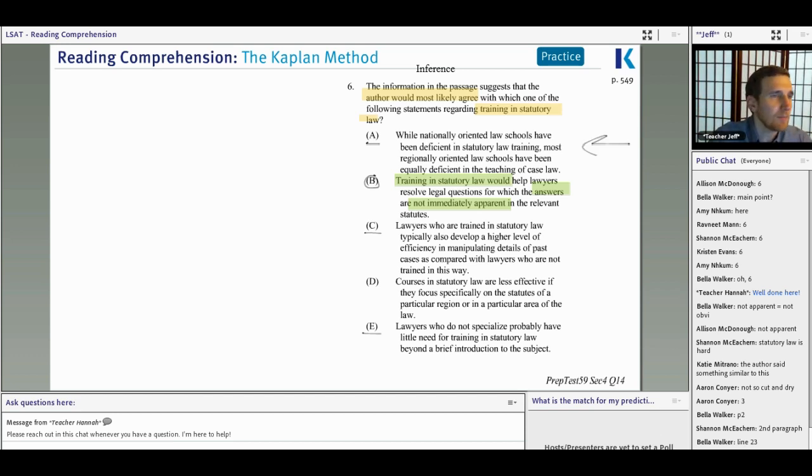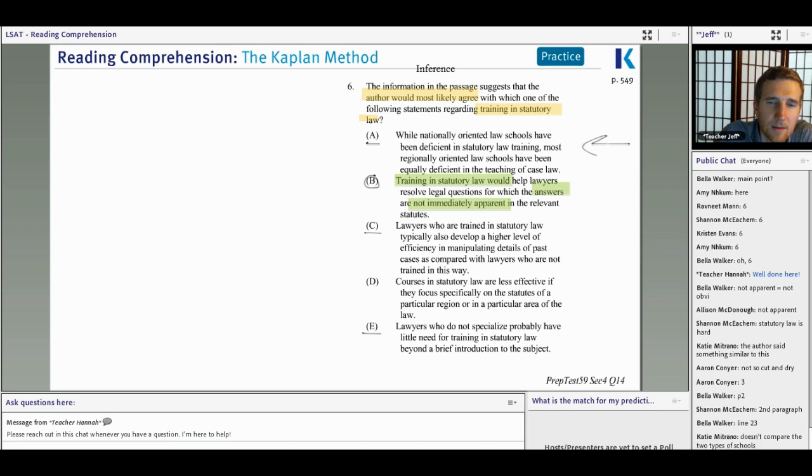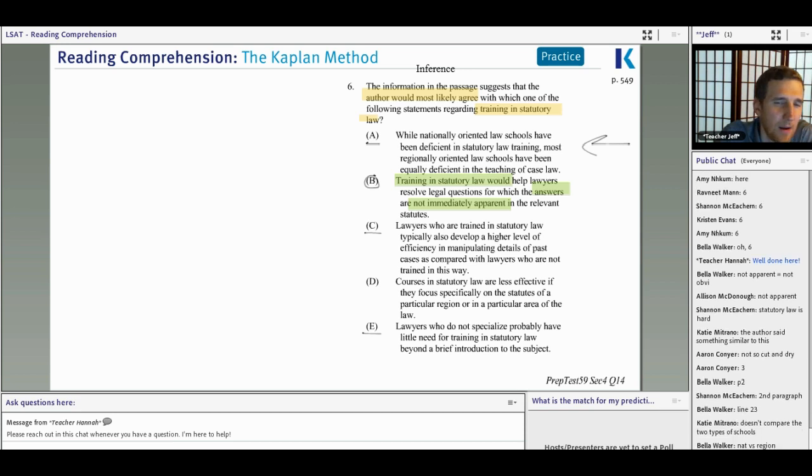Answer choice A. What's wrong here? What does A bring up that just doesn't work? Talks about what? Which just didn't happen.